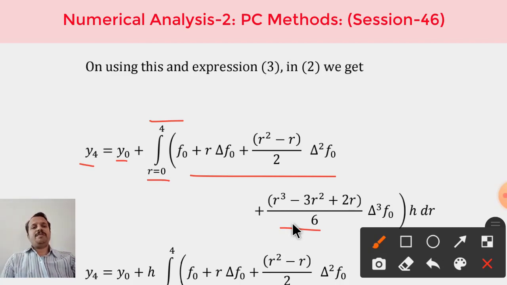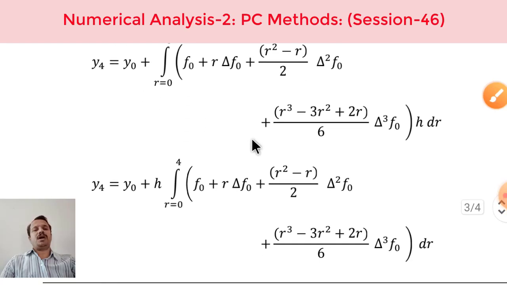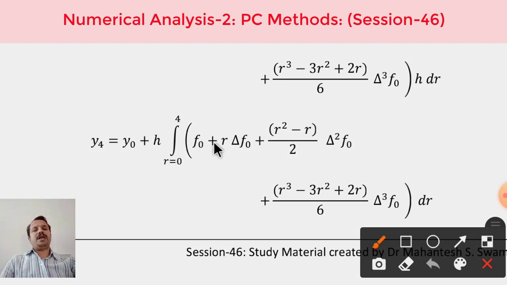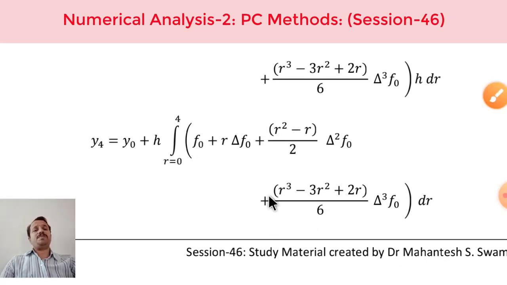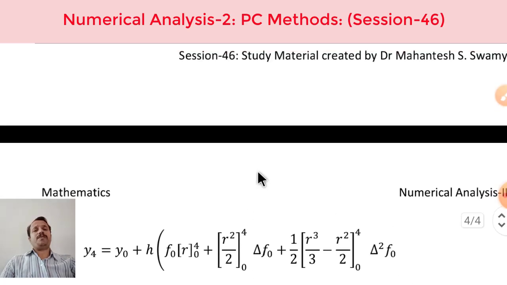Now here in place of dx we have substituted h dr. That is also very straightforward. In the next step we can take h before the integral and keep the integral as it is. Now what is the next step? The next step is the evaluation of the integral. That's all. Integration we have to perform. So what is that?